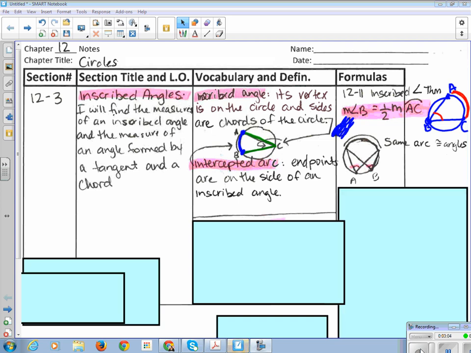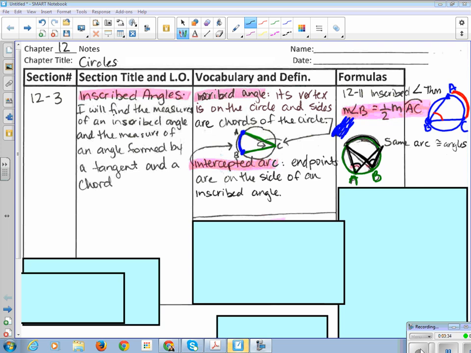All right, so here is a couple of different ways that you guys are going to see this. If I have this circle here, and if I have A is here, B is kind of next to it, A and B both share the same arc.